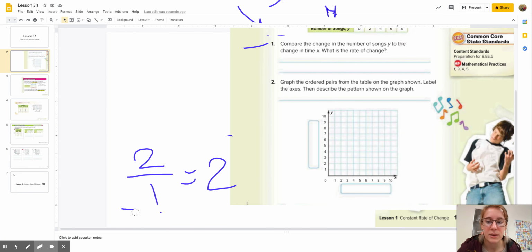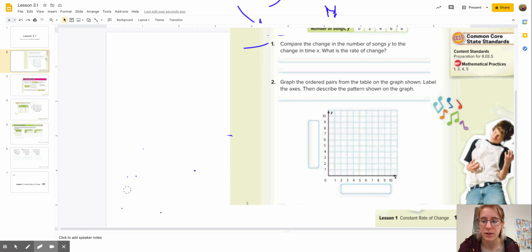So I'm going to graph this right here. Our ordered pair starts at 0, 0. We can do that before we even draw our axes. It's going to be right in the center here at 0, 0. Our x-axis, we were talking about time. In this case, we were talking about minutes.